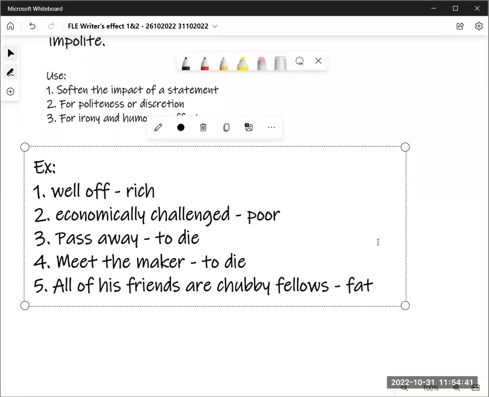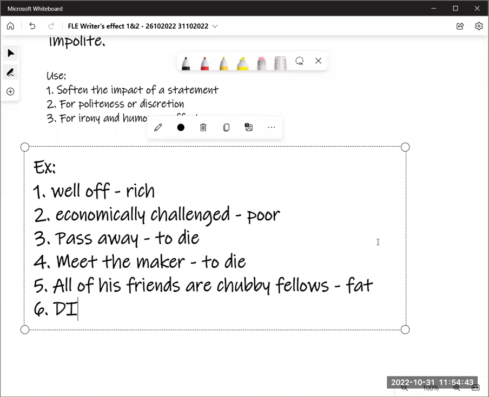Another one would be differently abled, which means disabled.